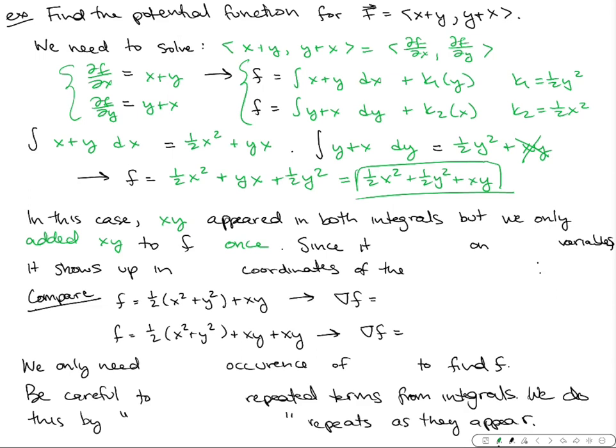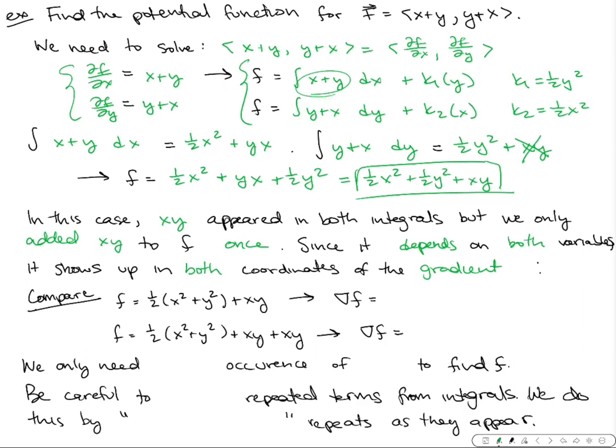The reason is that it depends on both the x and y variables, and so it's going to show up in both coordinates of the gradient vector. And since it shows up in both components of the gradient, when we integrate the 2 components of the gradient, we're going to double count that function if we don't remember to cancel it out.